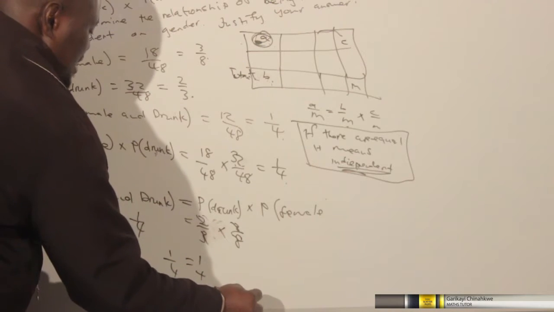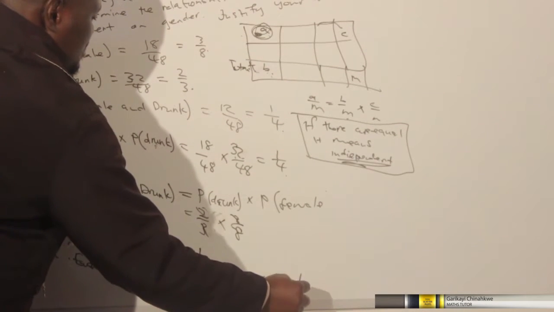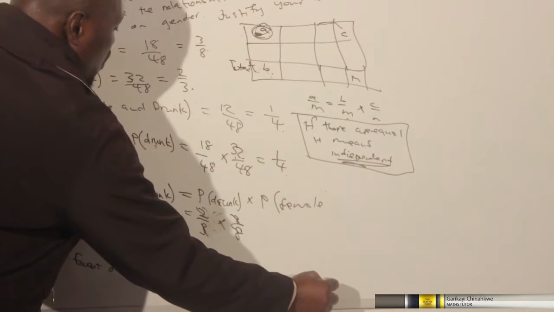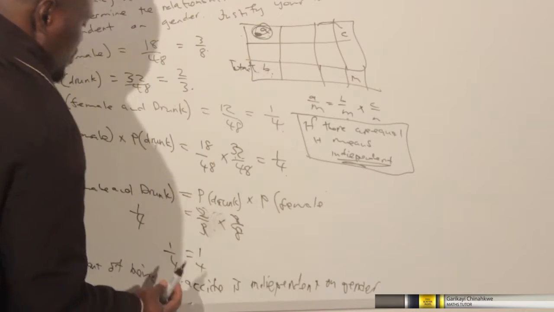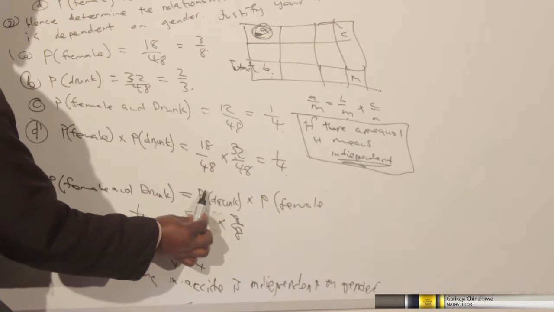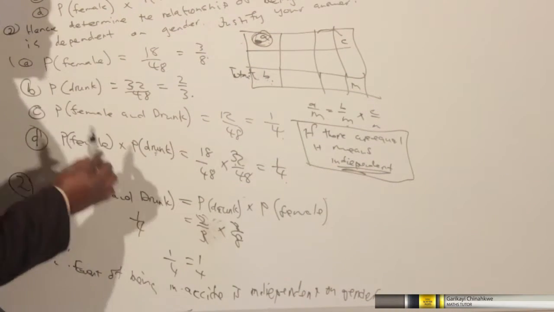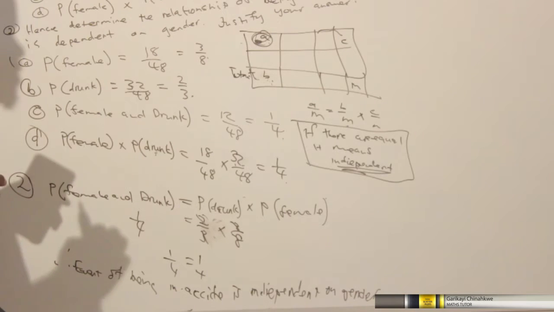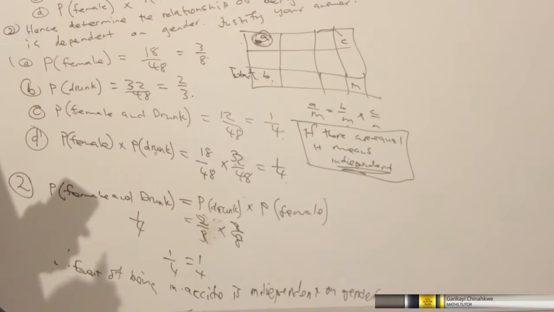It is independent of gender. Why? Because for female and drunk, the probability of drunk multiplied by probability of female, these two are equal. If they're equal, it means they're independent. But if they are not equal, it means they are dependent.